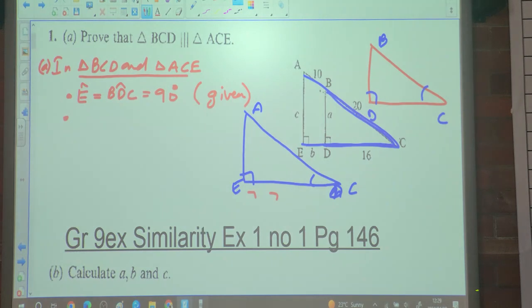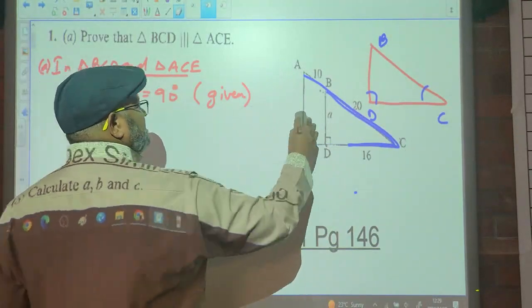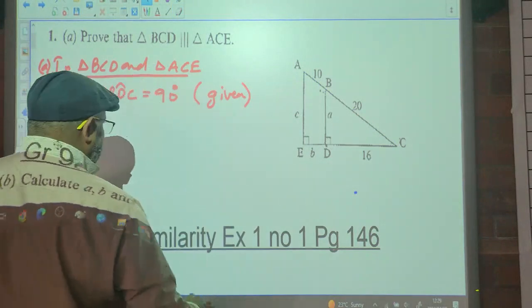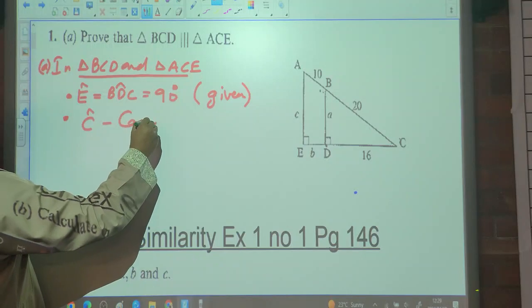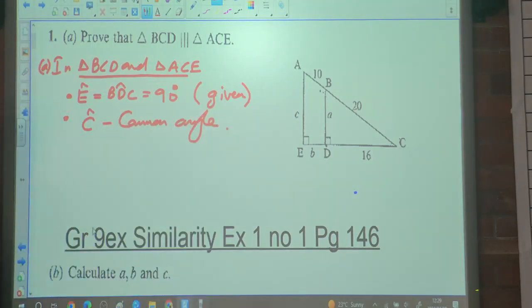It's exactly the same size. So angle C is in both triangles, so angle C is a common angle.